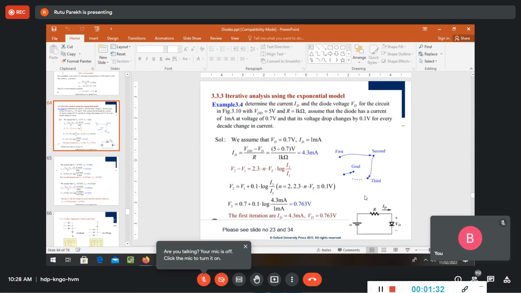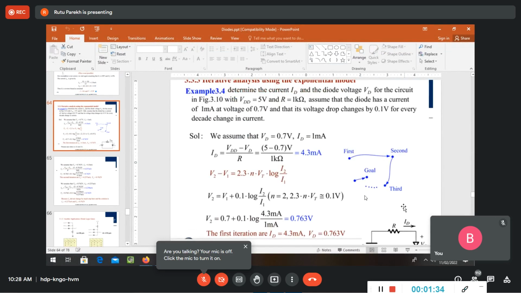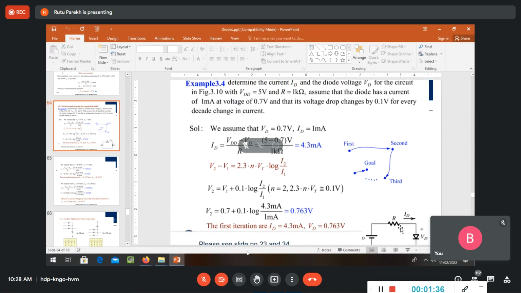For this circuit, determine the current ID, and the diode voltage VD, the voltage across the diode. VDD is given, R is given. Assume that the diode has a current of 1 milliamp at 0.7 volts.